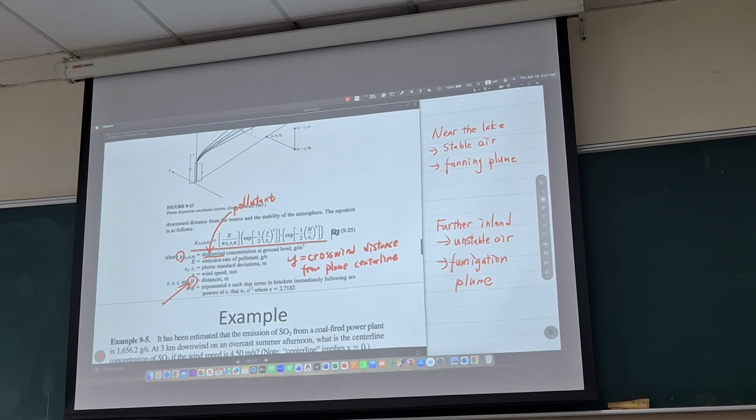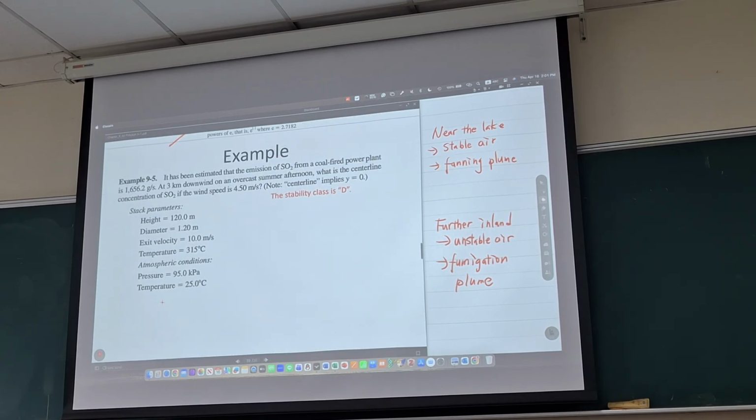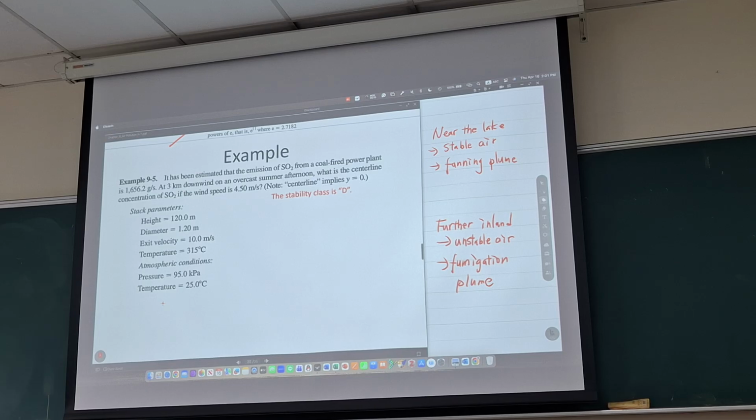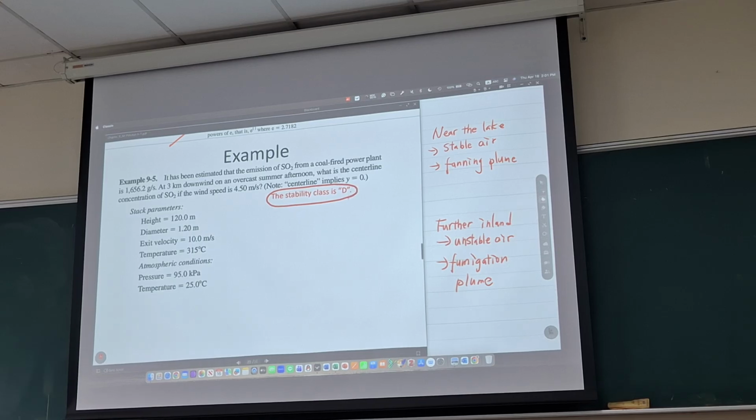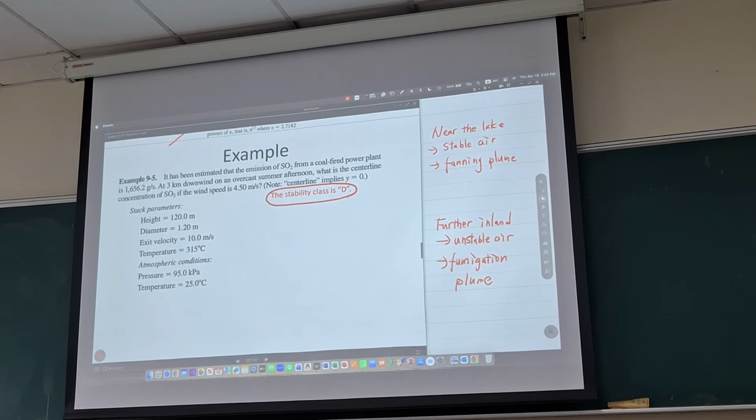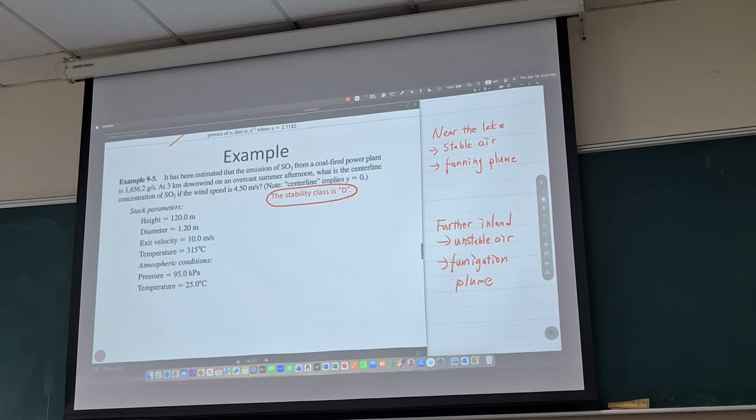Okay, let's do this question before we take a short break. Let's see this example from the textbook. Let me give you stability class D. It has been estimated that the emission of carbon dioxide from a coal-fired power plant is 1,656.2 grams per second, at 3 kilometers downwind on an overcast summer afternoon.